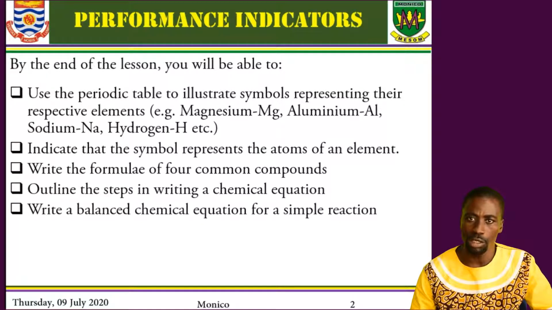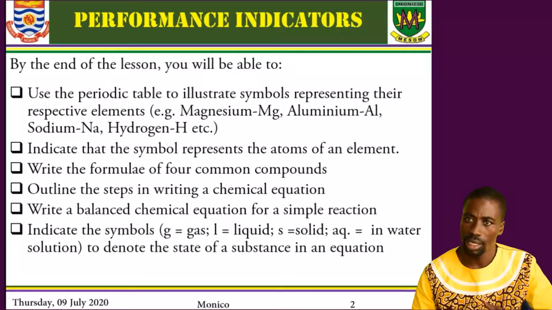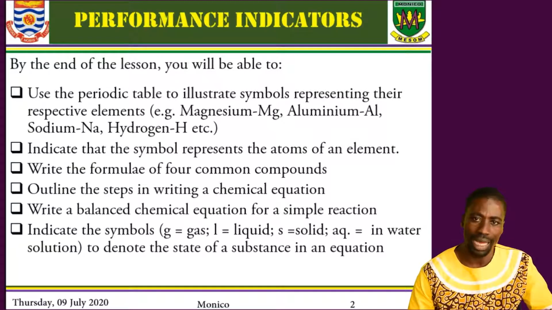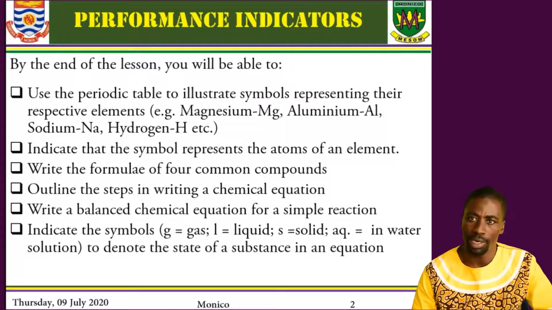And also to indicate symbols like g for gas, l for liquid, s for solid, and aq for aqueous, that is a solution or any compound dissolved in water, to denote the states of a substance in an equation. Mostly in any chemical equation there is a need to show the various states of the compounds forming the equation. So if you see s attached to any compound, that means that compound is in its solid form.